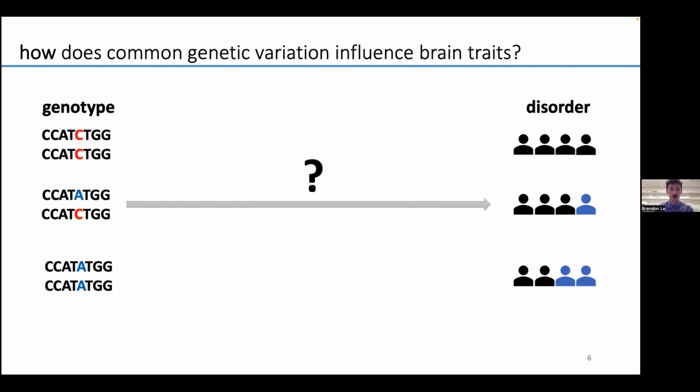One thing that we can try to do is to understand how different genotypes that you can inherit, here I'm just using an example of an allele that can come as a C or an A, and we know from GWAS studies, like we just saw, that maybe the A allele could be associated with increased risk for a neuropsychiatric disorder or some kind of brain trait. So what's going on in the middle to actually convey that genetic risk?